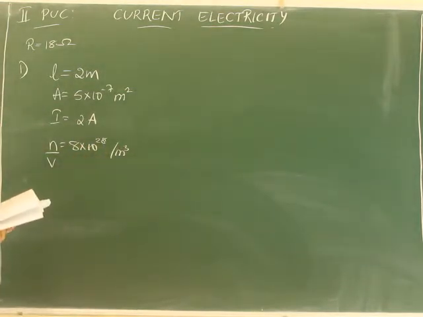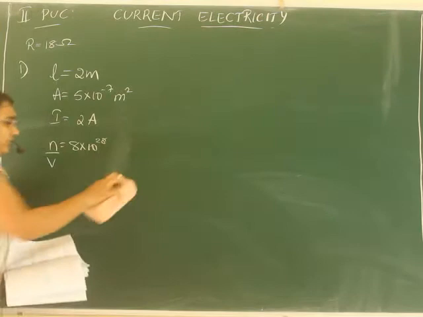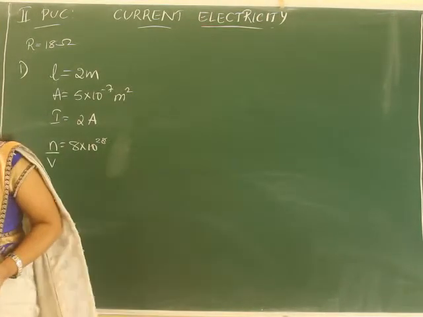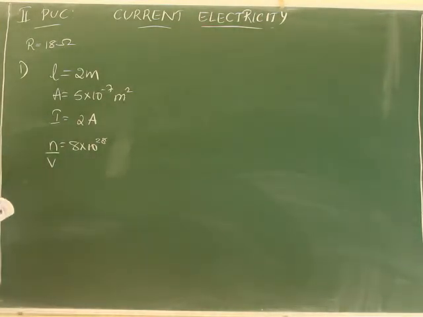Then what is given? No need, I have written V, no? So enough. Next what I have to write is, you have to calculate the drift velocity and time.